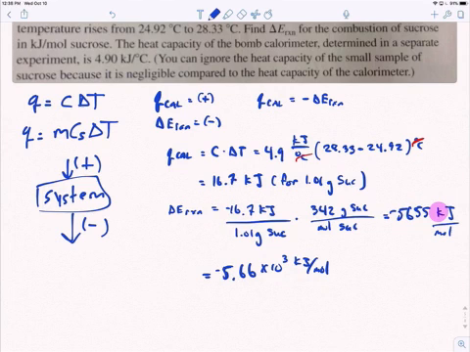So we calculate the heat flow into the bomb calorimeter to be 16.7 kilojoules for 1.01 grams of sucrose. Then by dimensional analysis, we get that to be negative 5,655 kilojoules of heat per mole sucrose. And then we convert it further to negative 5.66 times 10 to the third kilojoules per mole. So, questions here? Are you following?